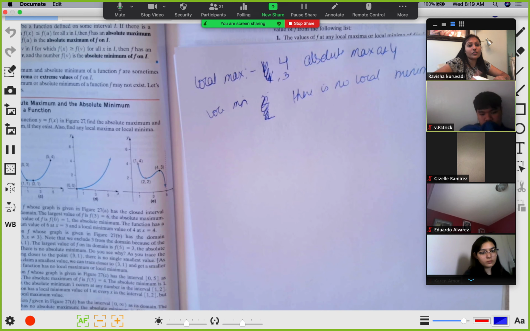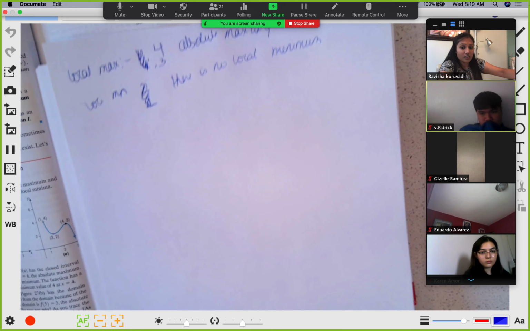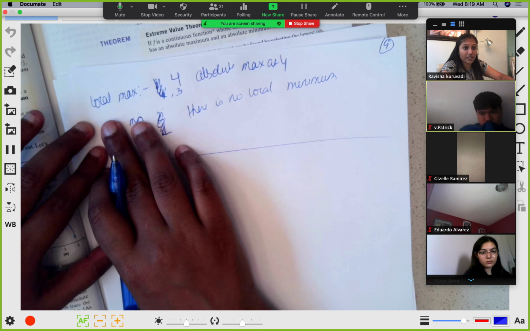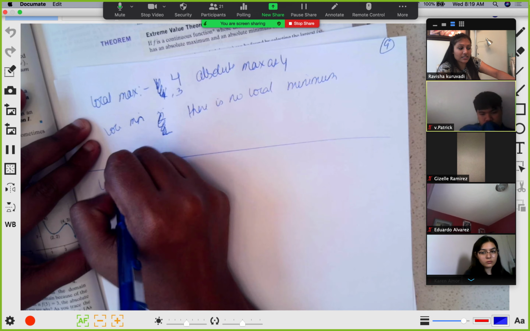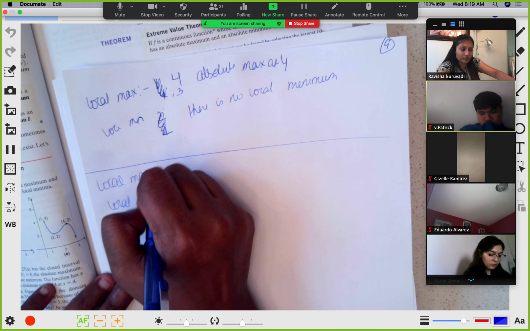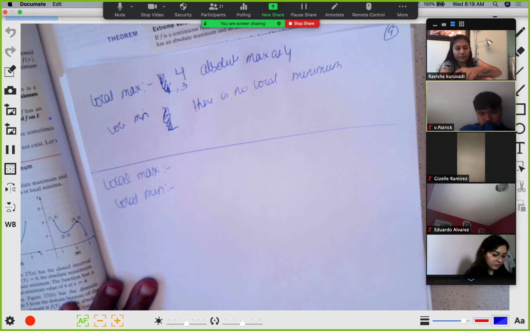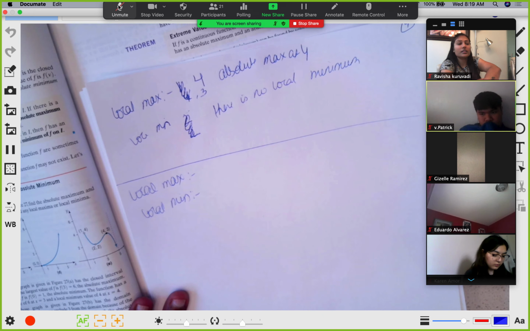Okay, I want to specify one thing. In this I wrote accidentally local maximum, local minimum, but I want to clarify this.